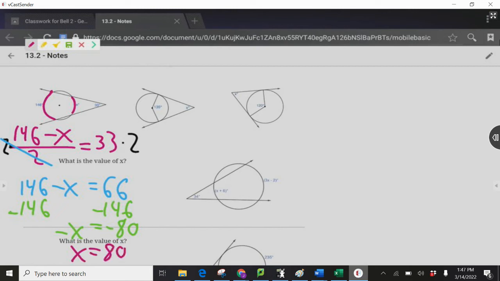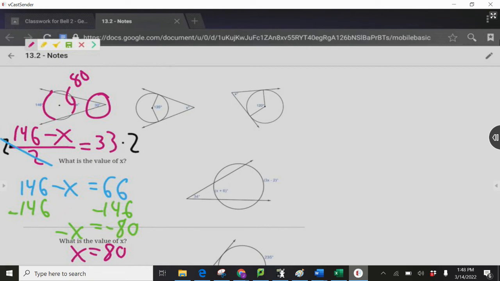Now, some of you may be able to do part of this in your head because now that we know it's 80, we can see that 146 minus 80 is going to be 66, and half of 66 is 33, as we would expect it to be. A good way to check our work there as well. So we can get our results either way there.